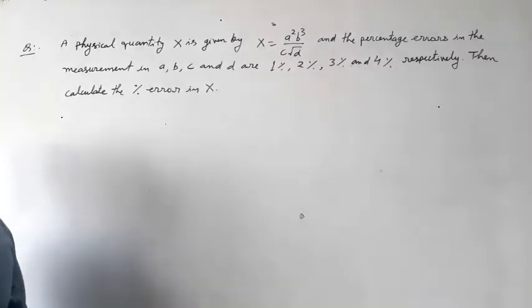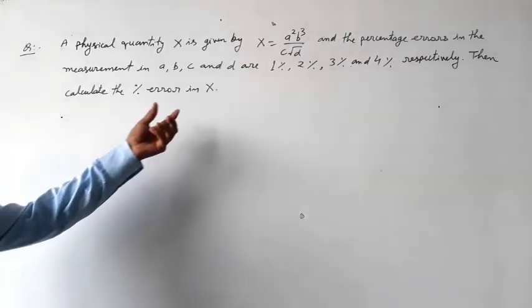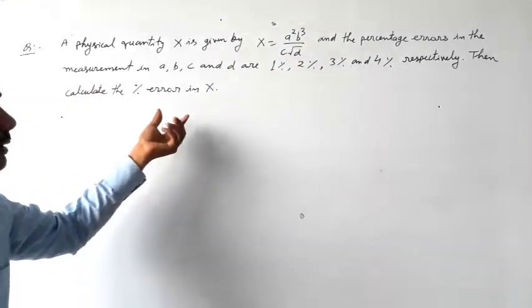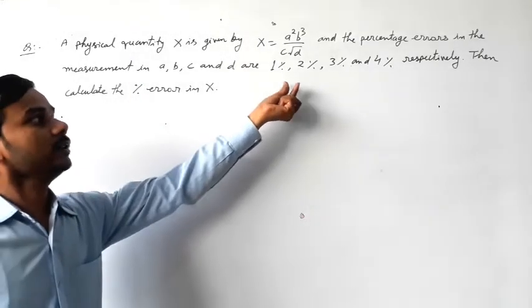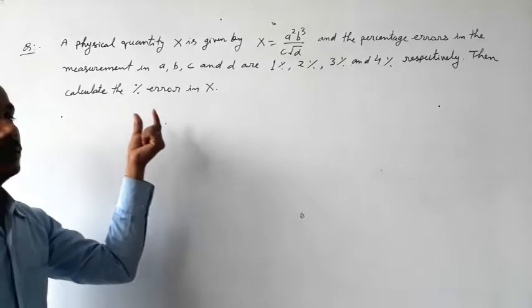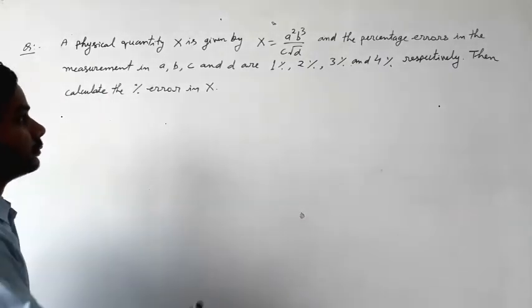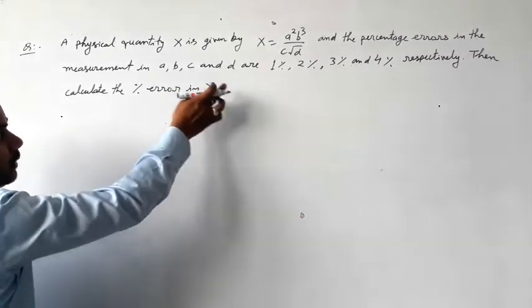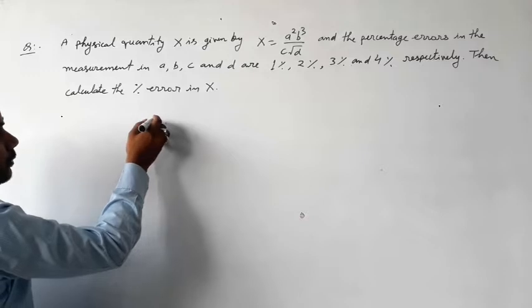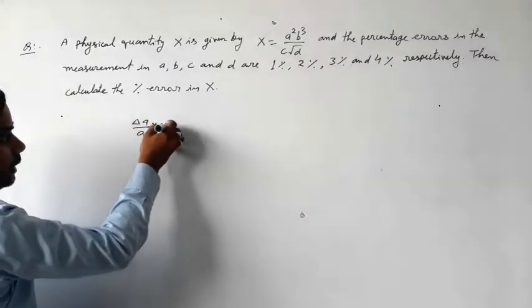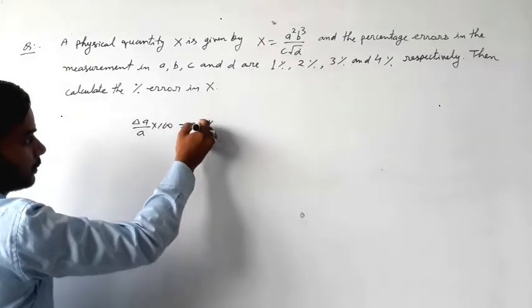Now the next question. The physical quantity x is given by the equation x equals a square b cube upon c under root d, and the percentage errors in the measurement of a, b, c and d are 1, 2, 3 and 4% respectively. We have to calculate the percentage error in x. The percentage error of a, delta a upon a into 100, is 1%.